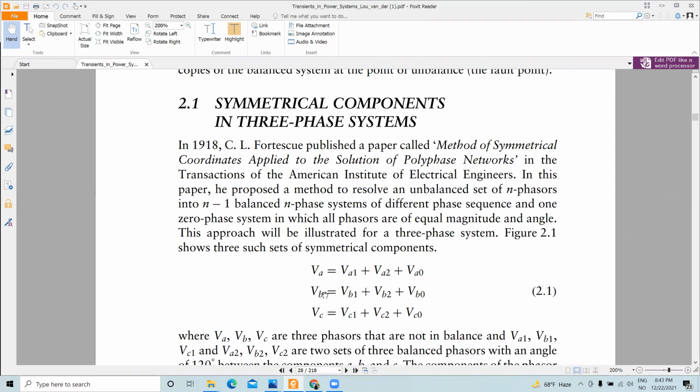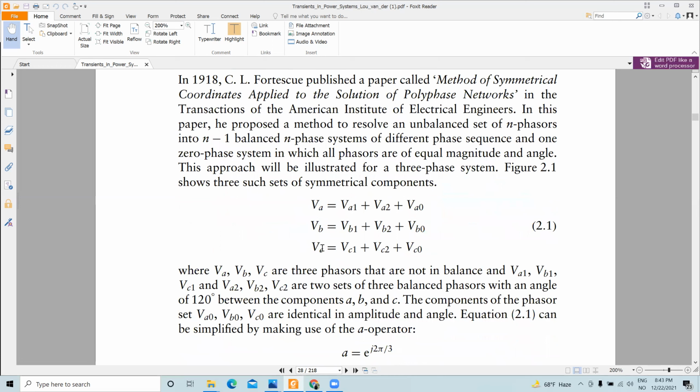So similarly, VB can be written as the sum of VB1 plus VB2 plus VB0, and VC can be written as the positive, negative, and zero sequence for the C phase.